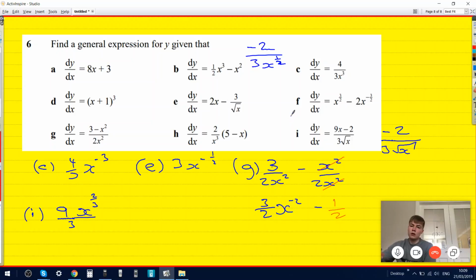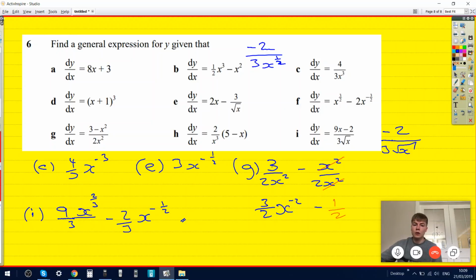No. So that would be the same as if you bring the x up, minus 2 over 3x to the minus half. Well done. Minus half, that's it. And what's 9 over 3? Just 3. Yeah, so that can get even simpler. And so how do you go from having dy dx to just y equals?